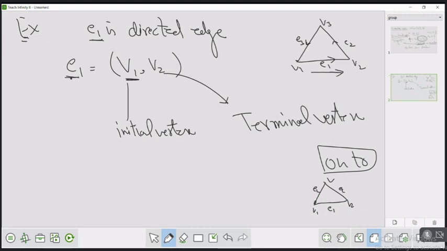So edge E1 is incident into this vertex, and at the other vertex, in this direction, it is incident out of. Are you getting my point?